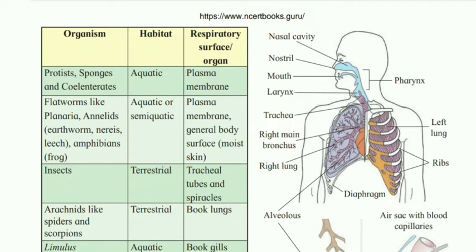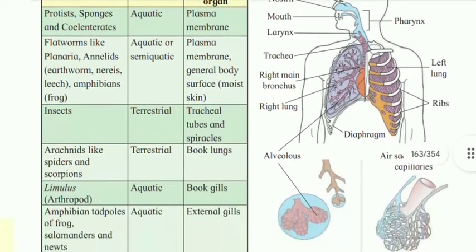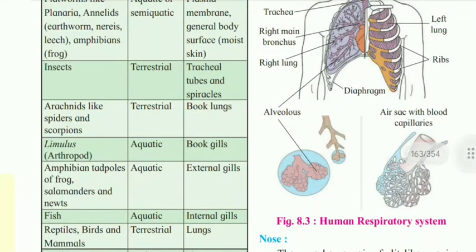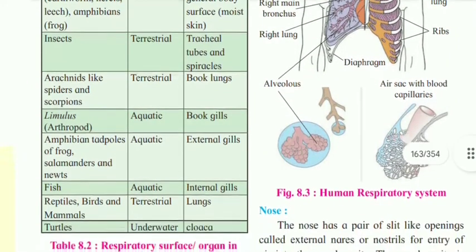Insects are terrestrial organisms. They respire through tracheal tubes and spiracles. Arachnids like spiders and scorpions are terrestrial organisms and they respire through book lungs. Limulus are aquatic and they respire through book gills.